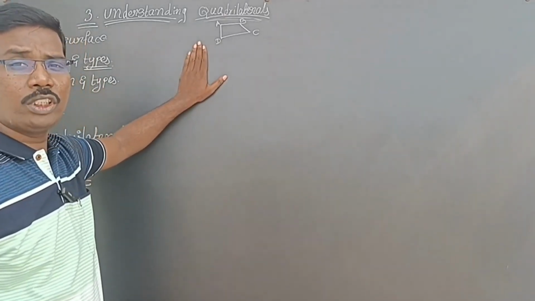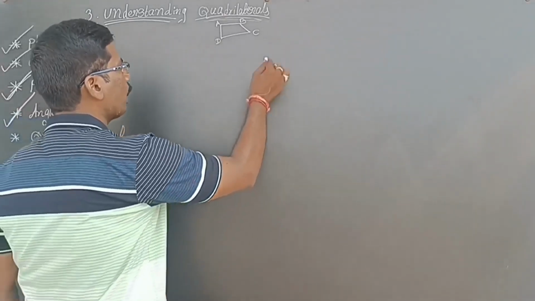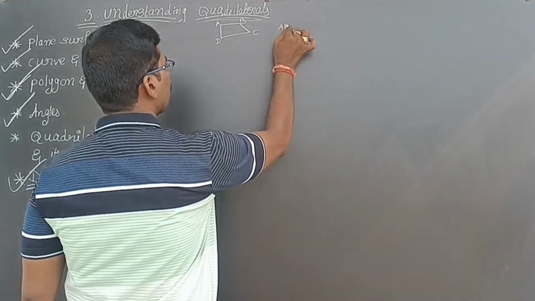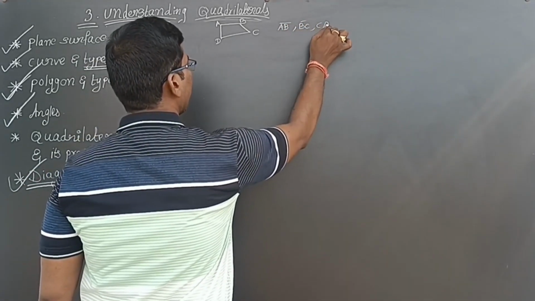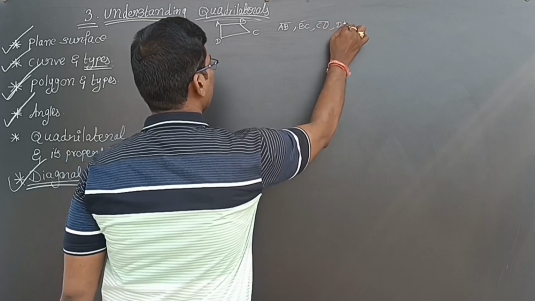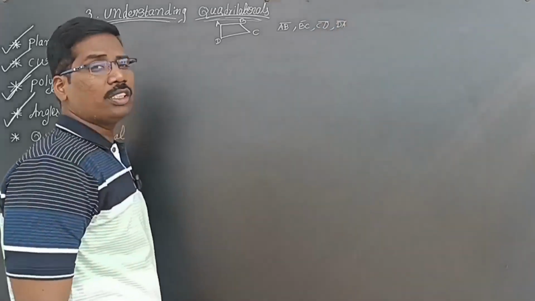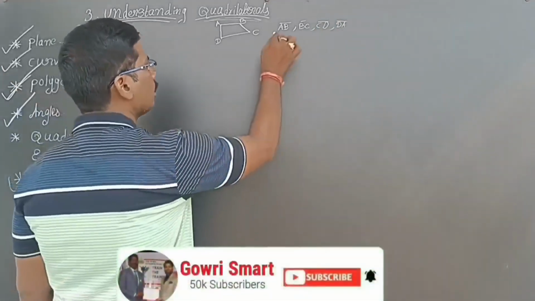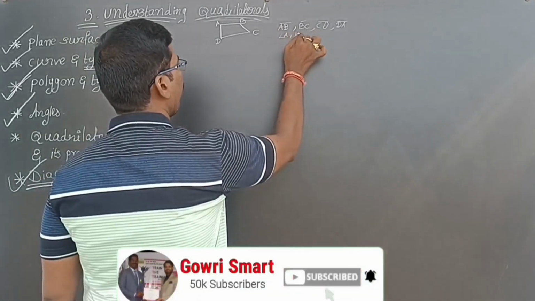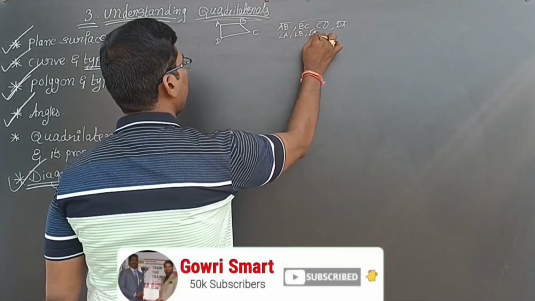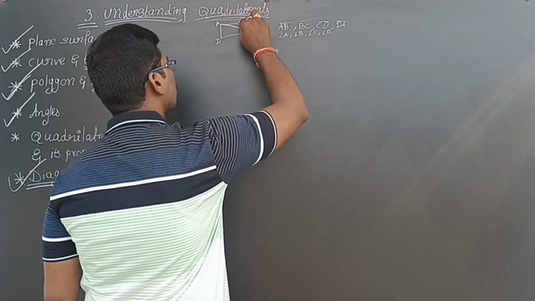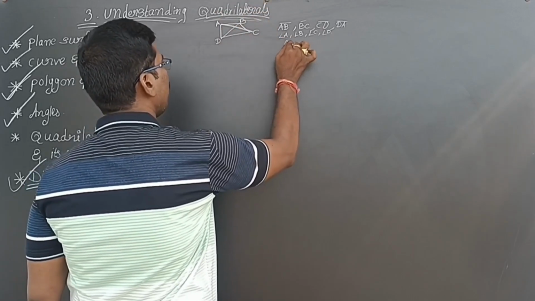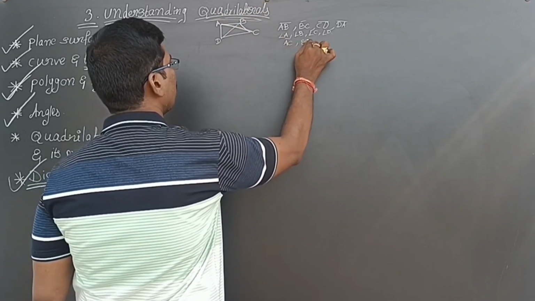Quadrilateral is having 4 sides, that is AB, BC, CD and DA. And quadrilaterals are having 4 angles: angle A, angle B, angle C, angle D. And quadrilaterals are having 2 diagonals, AC and BD.